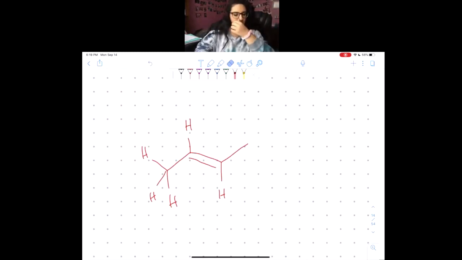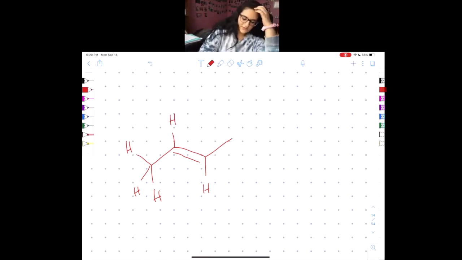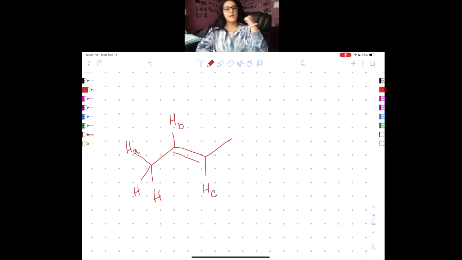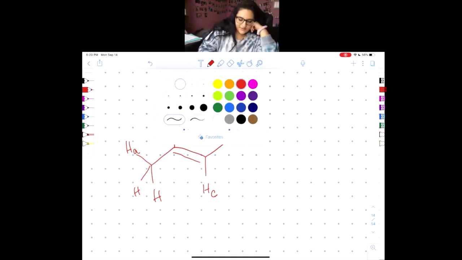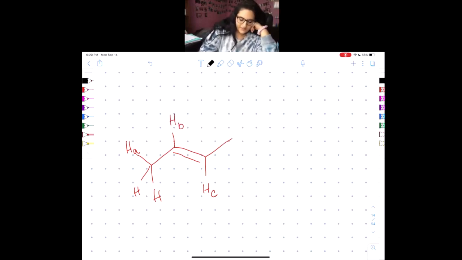So now let's talk for a moment about what you need to know about complex splitting. We're going to call these hydrogens B, A, and C. The first thing I want you to notice is that this is sp3 hybridized, sp2, sp2, and sp3.